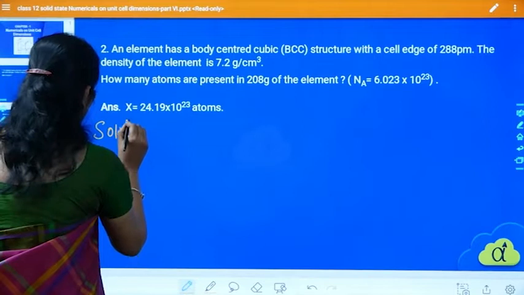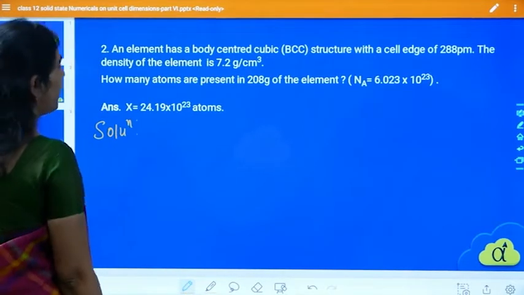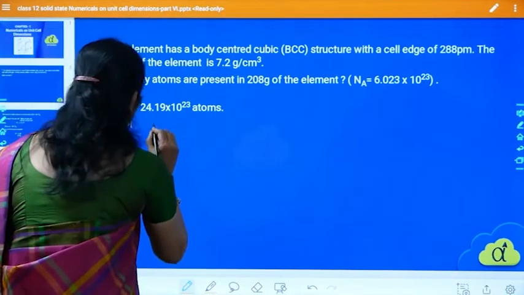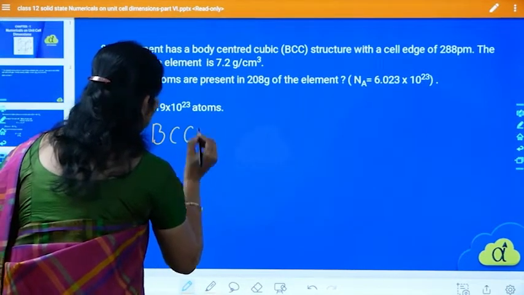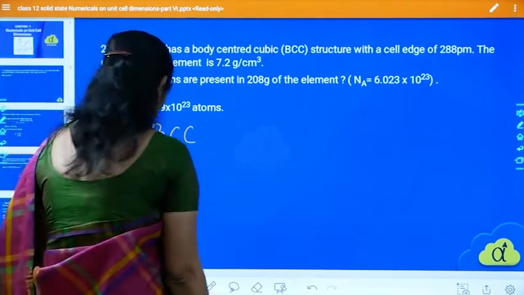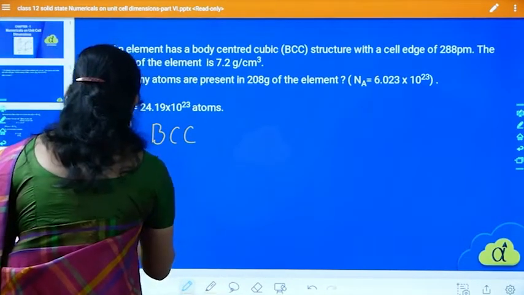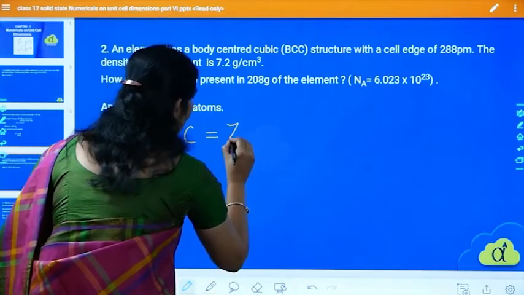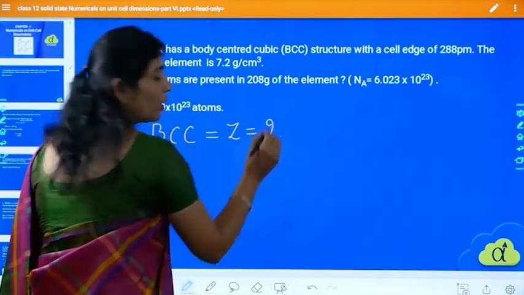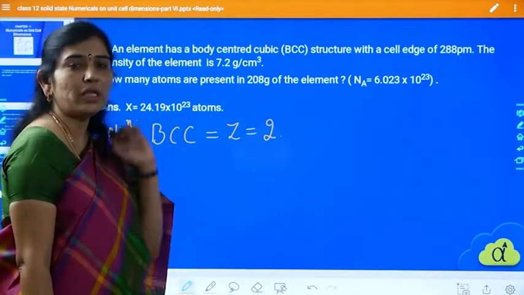Solution. First you note down the data. What is given here? BCC. The given structure is BCC. Now for BCC, how many atoms per unit cell? You know very well, it is 2, because BCC means body centered.